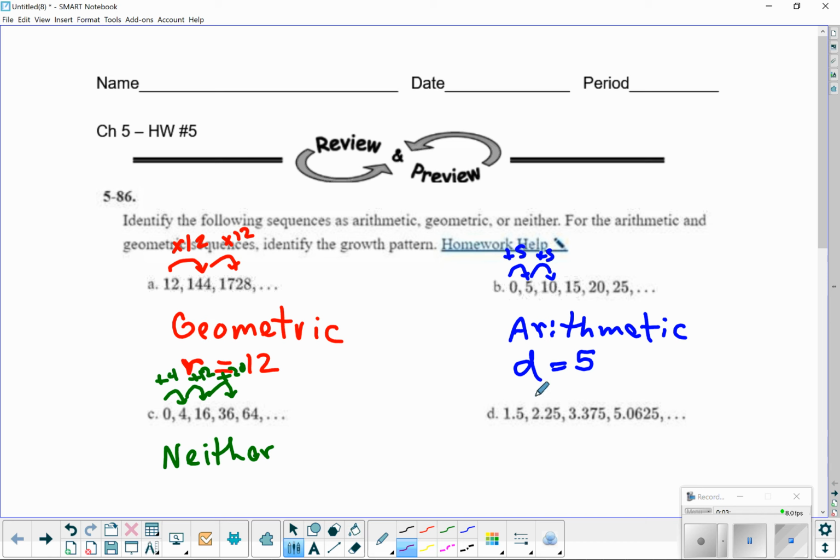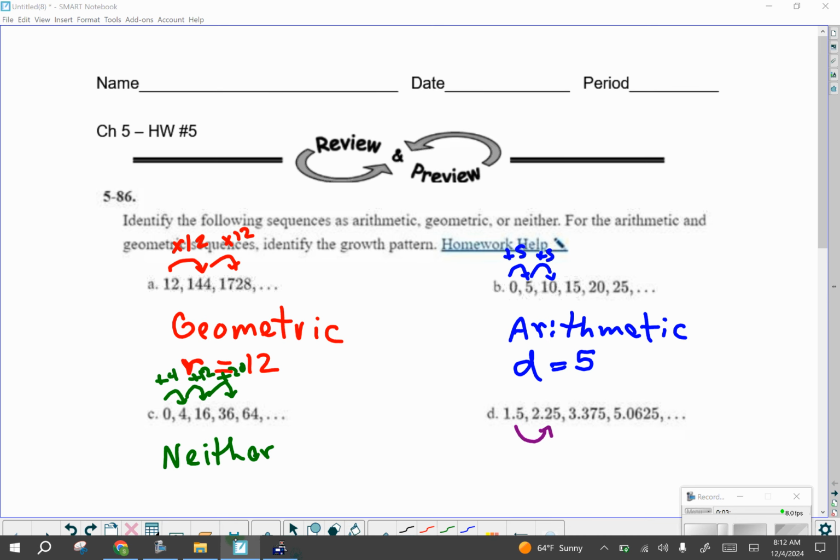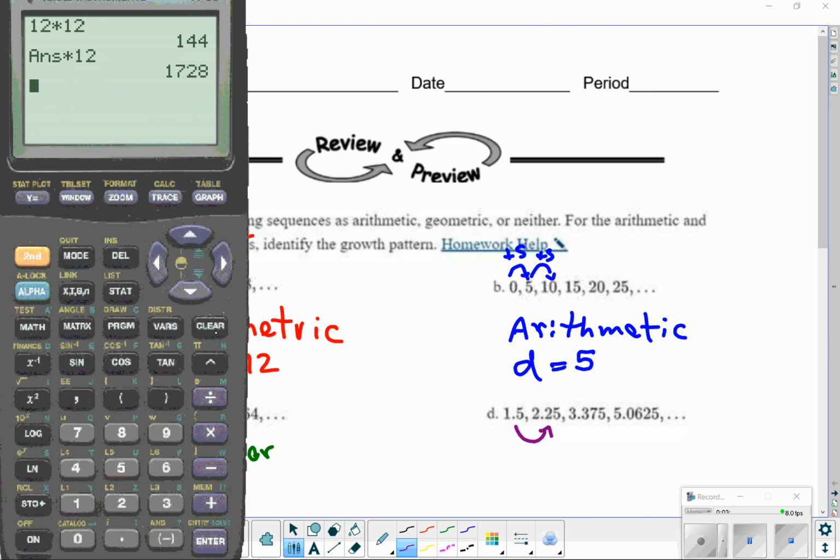From 1.5 to 2.25, looks like we're adding something which may work or may not. Let's see. So what am I doing here, right? So you can use your calculator, and you can go 2.25, you subtract 1.5.